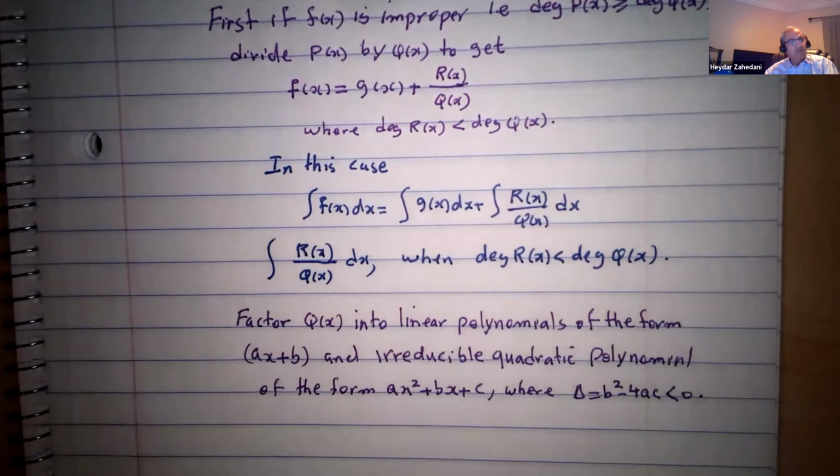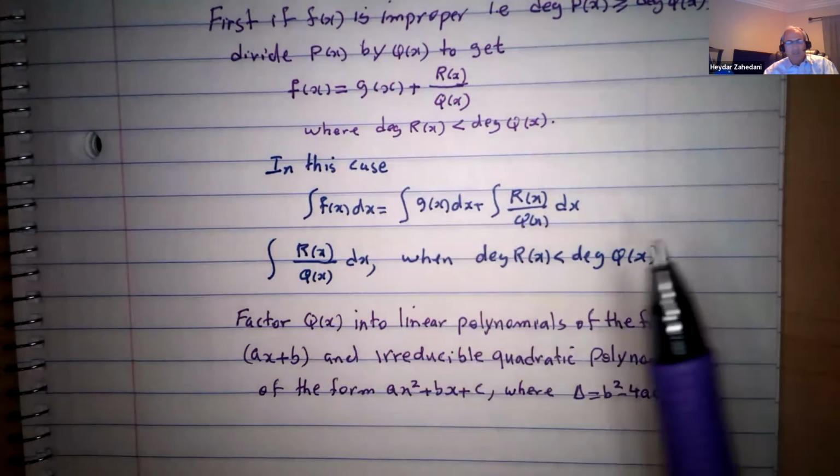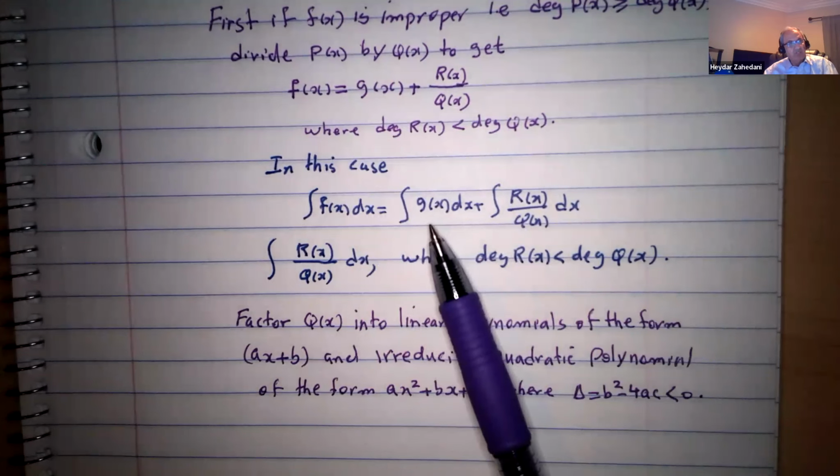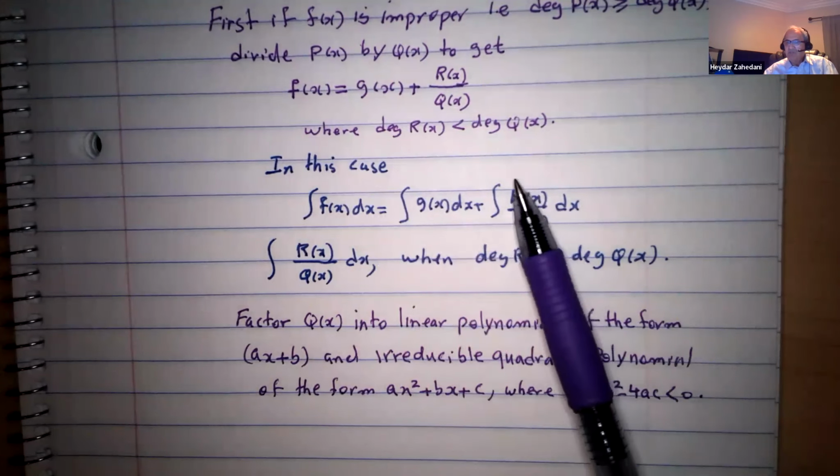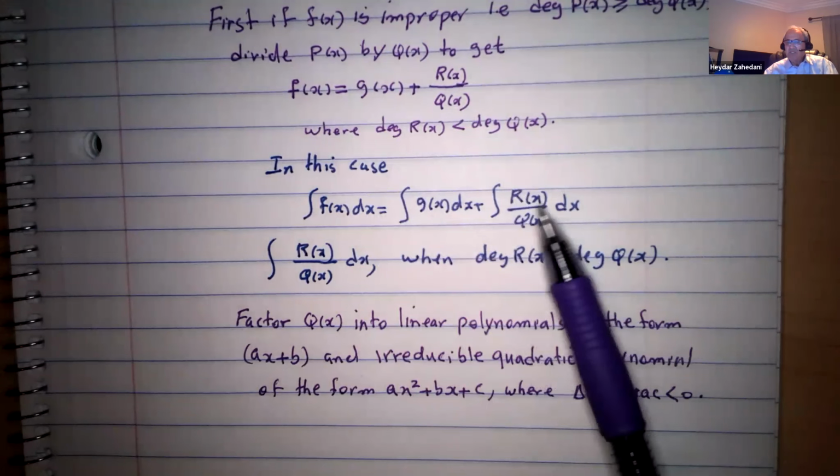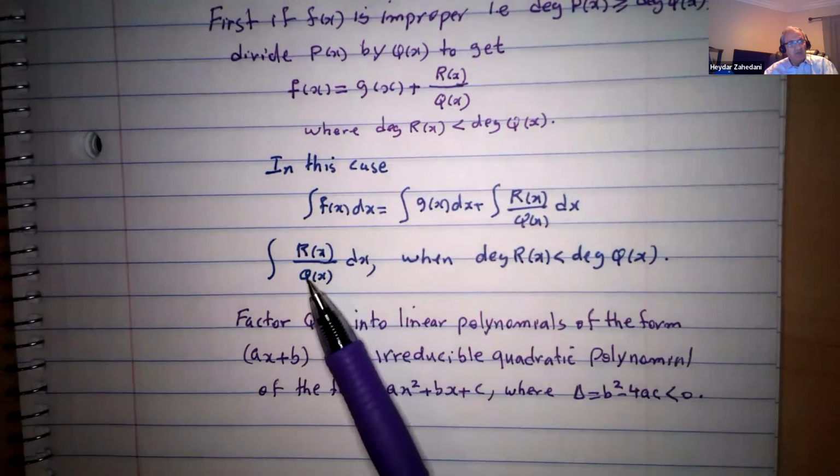So if the degree of the top is higher than or equal to the degree of the bottom, you have to divide by long division. This is going to be a polynomial, and you integrate it. The leftover is this one, where the degree of the top is less than the bottom.